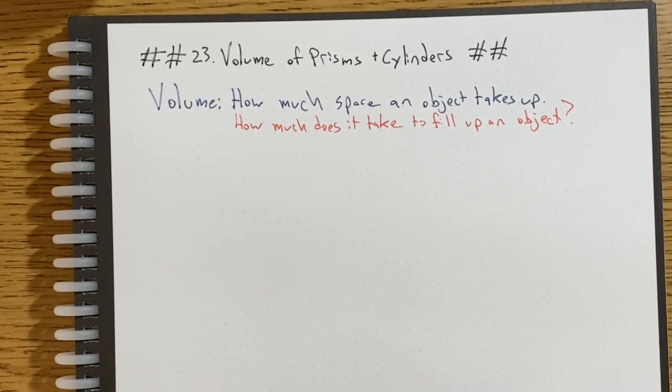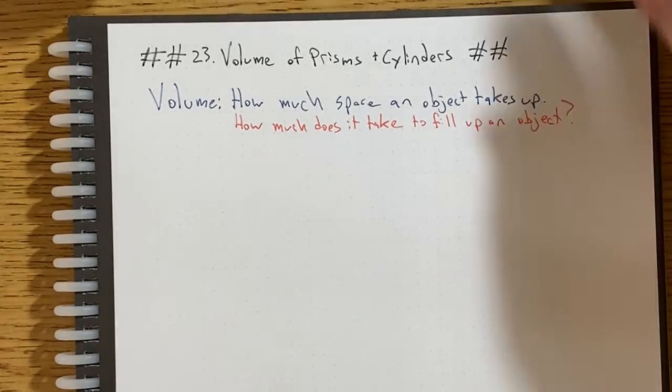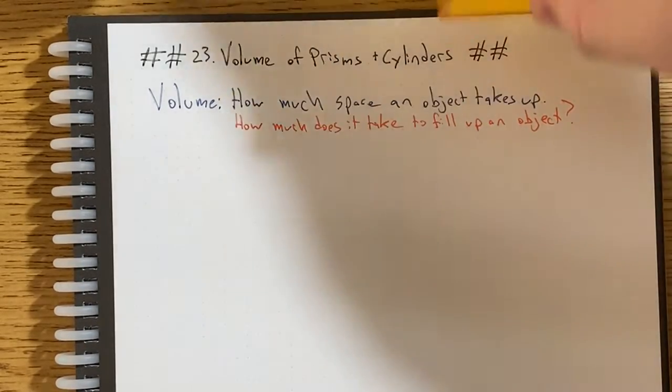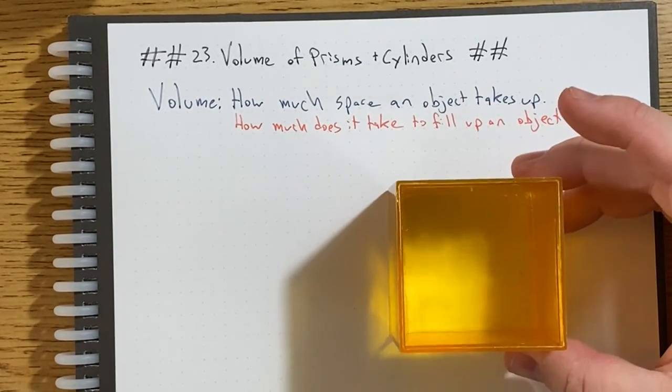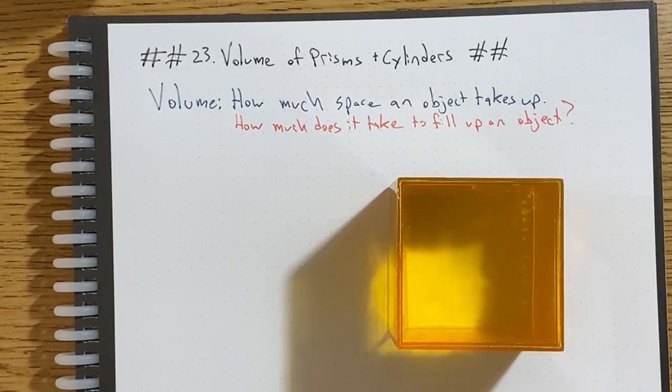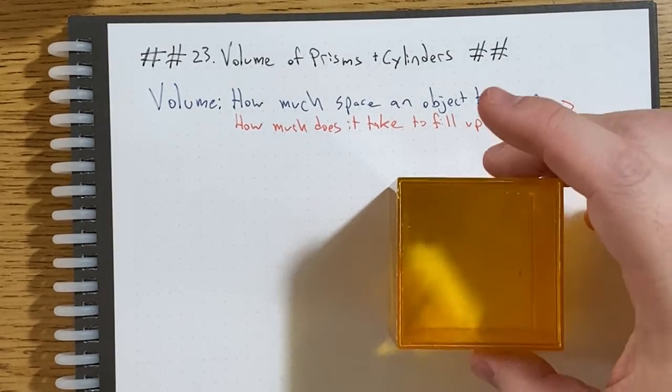So, when you're buying a soda from the store, you know that a smaller bottle, like a 16 ounce, which is a normal bottle of Coke, has less volume than a 2 liter. Just as an example, literally, the amount of water it took to fill up this cube is basically the volume that it has.